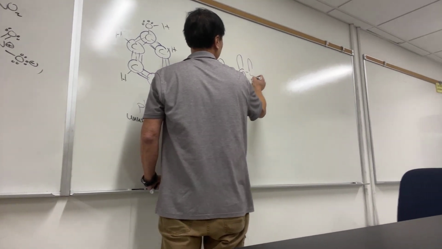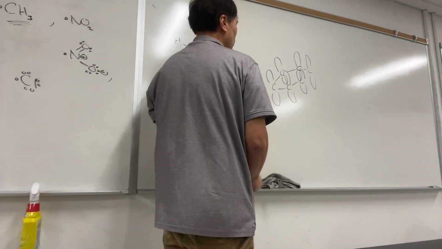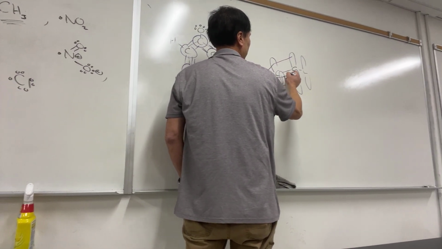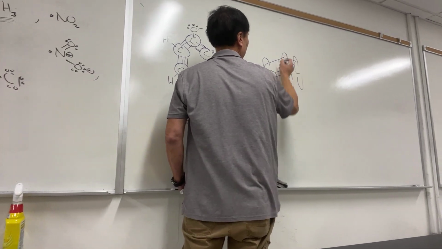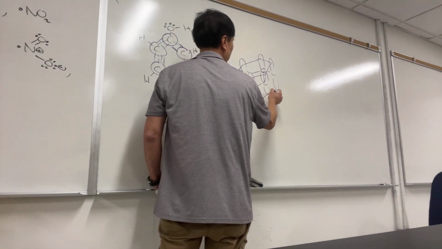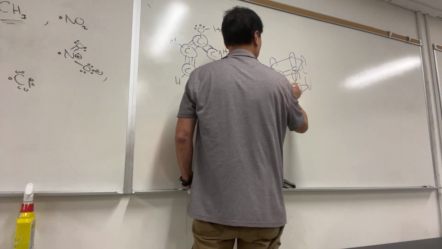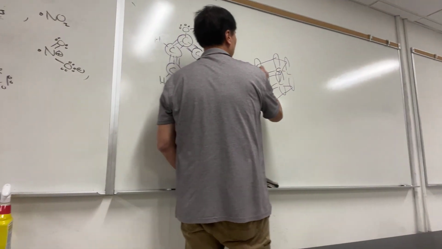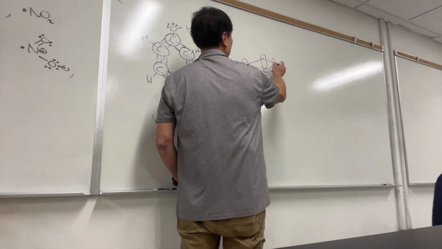Drawing is not so great, but what we'll do is connect all the upper lobes here and then all these lower lobes here. And so we can see how the pi electron cloud is going to be spread out over the entire ring.